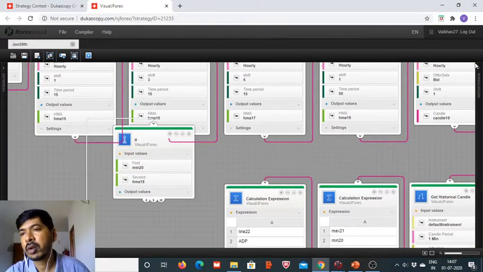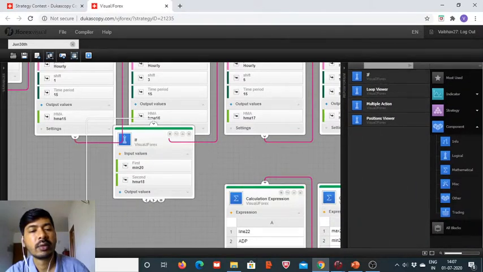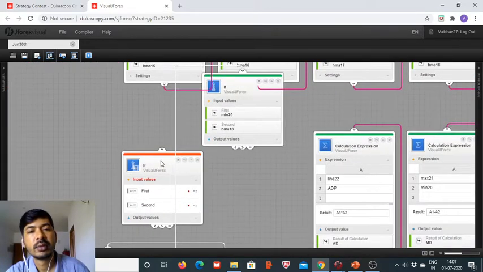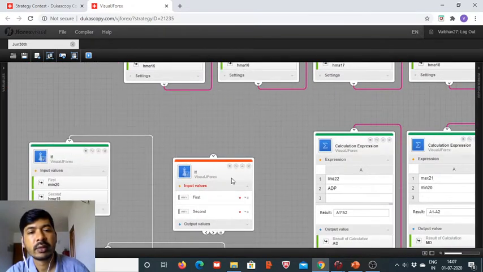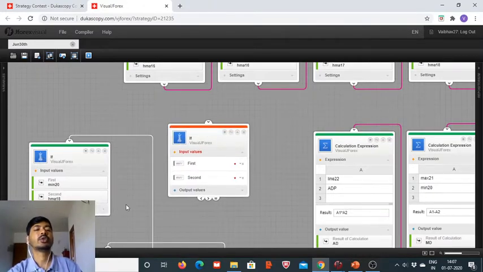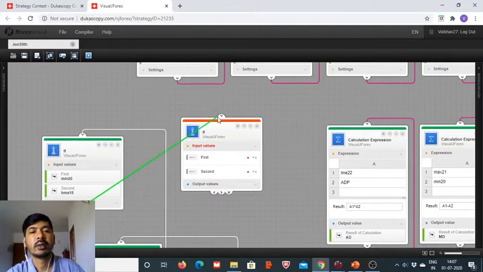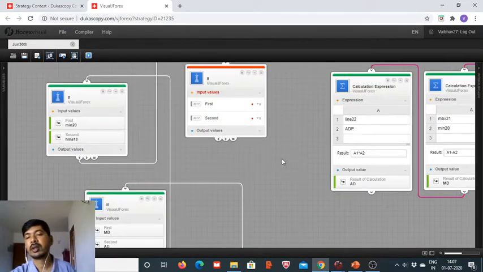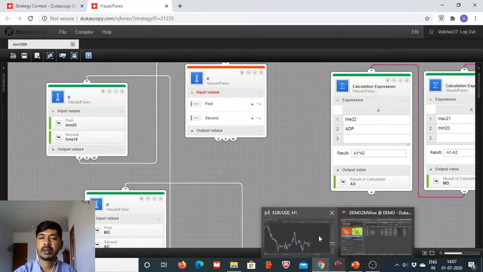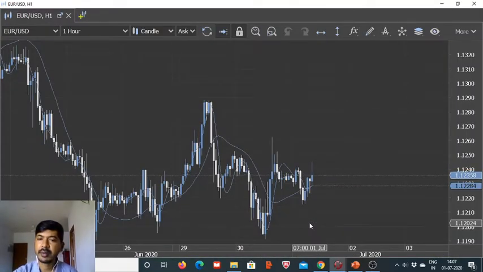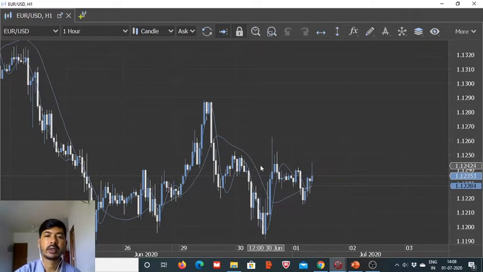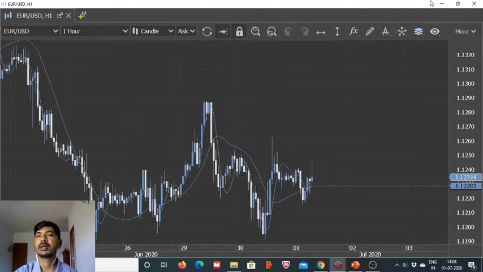Now we get one more if block. All right, so here we have it, and it should be first input less than second input. So we have added these two conditions, and the setup is fairly simple, not much complexity there. As you can see, we have relied mostly on these two HMA combinations.